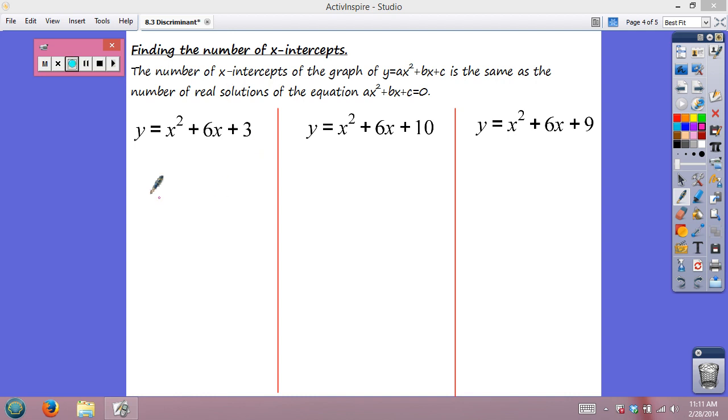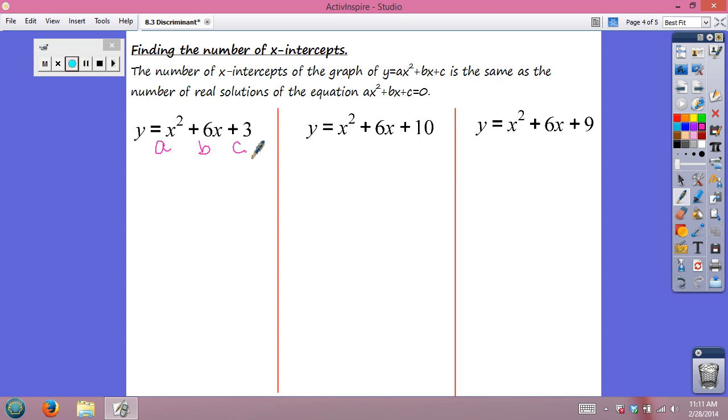So, first we'll do exactly what we've been doing. Label our a, b, and c values. The next thing we want to take a look at is plugging it into our equation of our discriminant, b squared minus 4ac. So b is 6. So we have 6 squared minus 4 times a, which is 1, times c, which is 3.